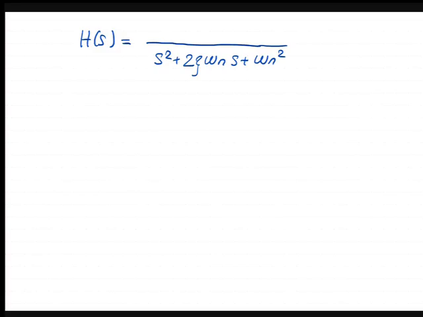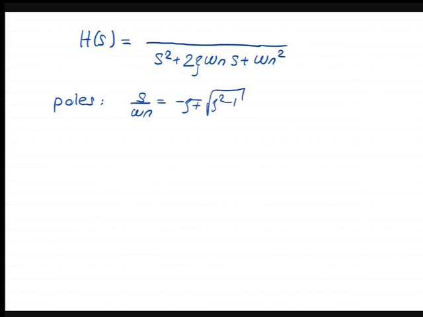Okay, so that's what we use for the denominator. Instead of a1, a0, we use these. The reason is that the roots are then easy to find. The poles of this are at s by omega n, if I scale everything by omega n, negative zeta plus minus the square root of zeta squared minus 1. Okay?